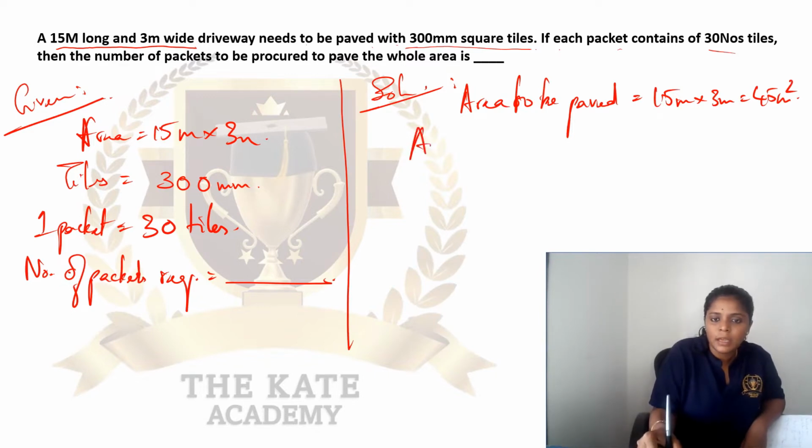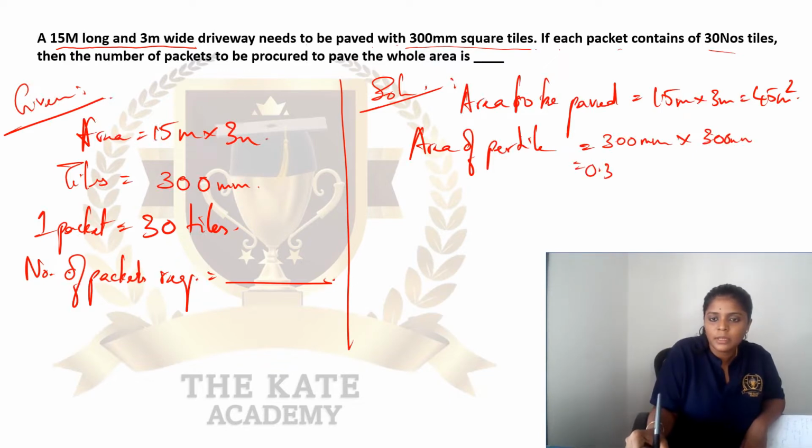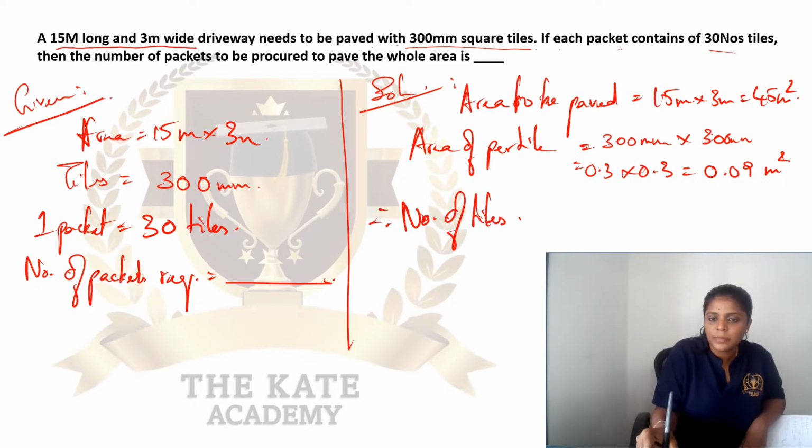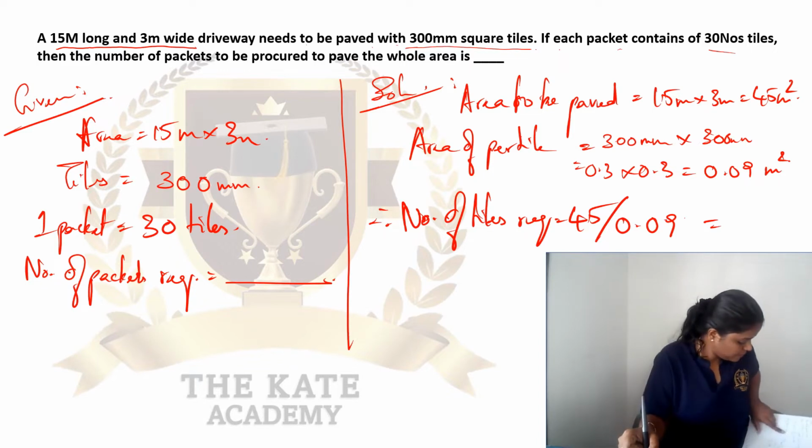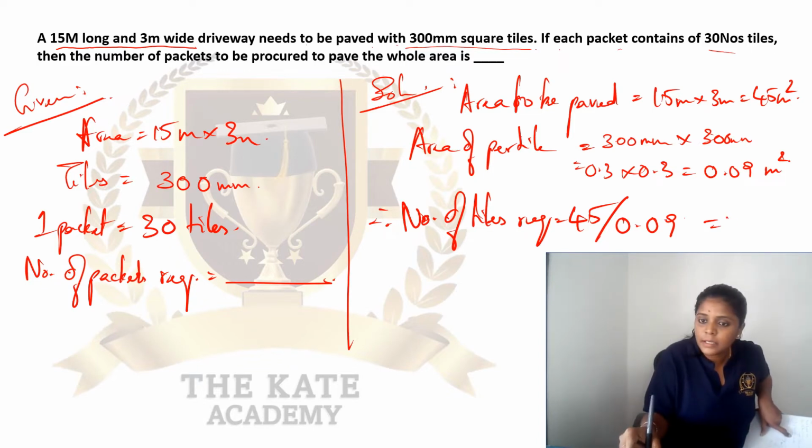Area of per tile becomes 300 mm into 300 mm, that is 0.3 into 0.3, that is 0.09 meter square. Therefore, number of tiles required is 45 divided by 0.09, which is equal to 500 tiles.